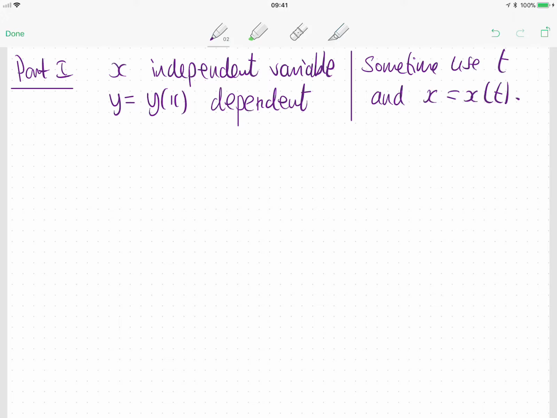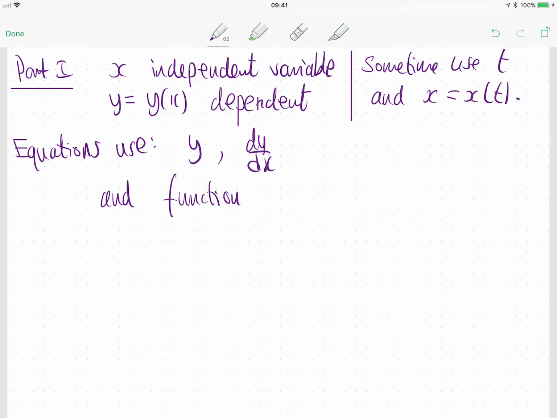Okay, so the equations that we're working with, well, they're going to use y, dy dx, also functions of x. So lots of x is mixed up in this case.